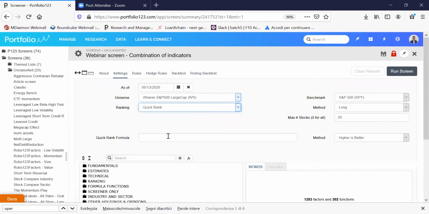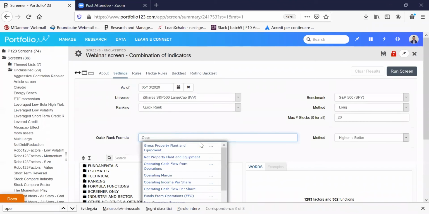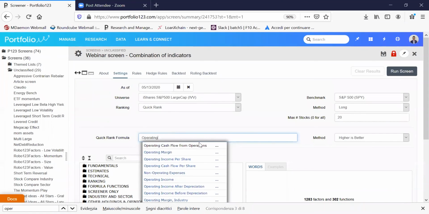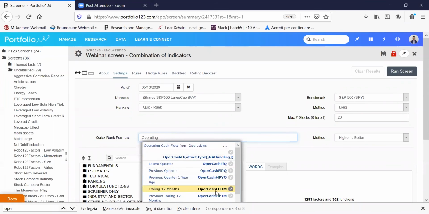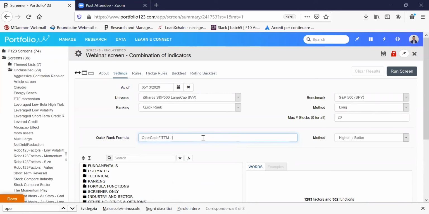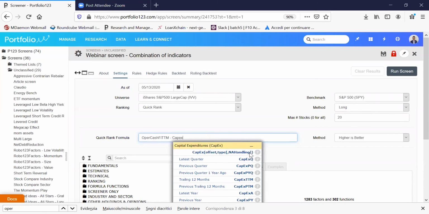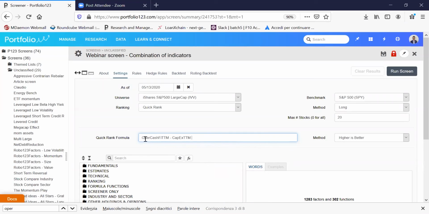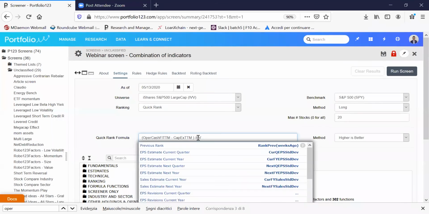Here, I'm going to add a quick rank, which is a simple, let's say, operating cash flow minus capex, capital expenditure. So we're talking about free cash flow divided by enterprise value.